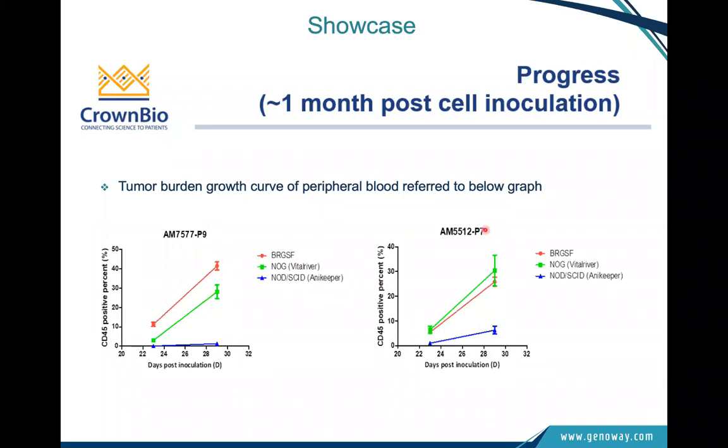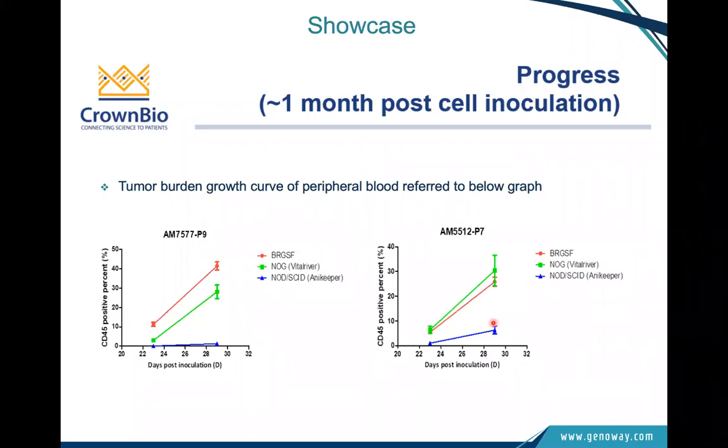When they compared the second cell line, it was developing as well in the BRGSF as in the NOG mice, so no major difference. And that cell line was also developing a little bit in the NOD-SCID. So just to let you know that you can use the BRGSF mice for standard reimplantation procedures with tumor cells.